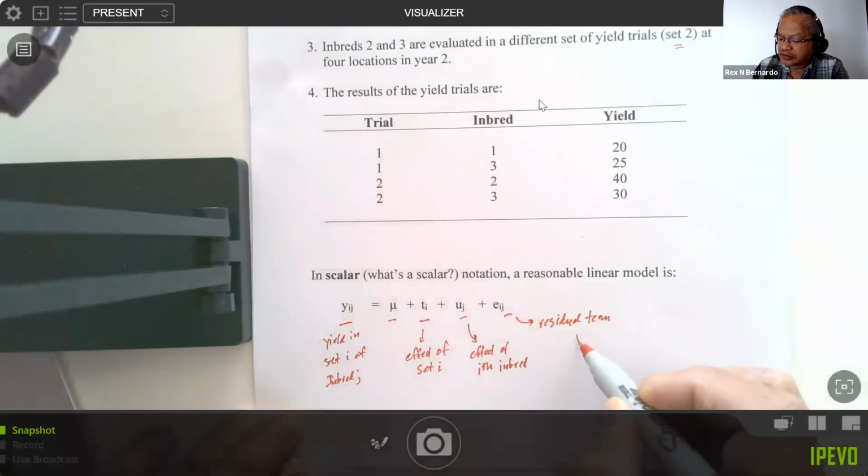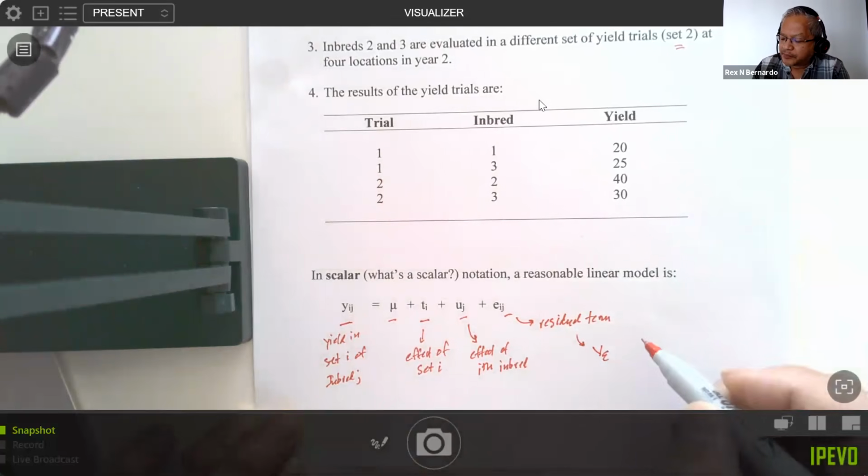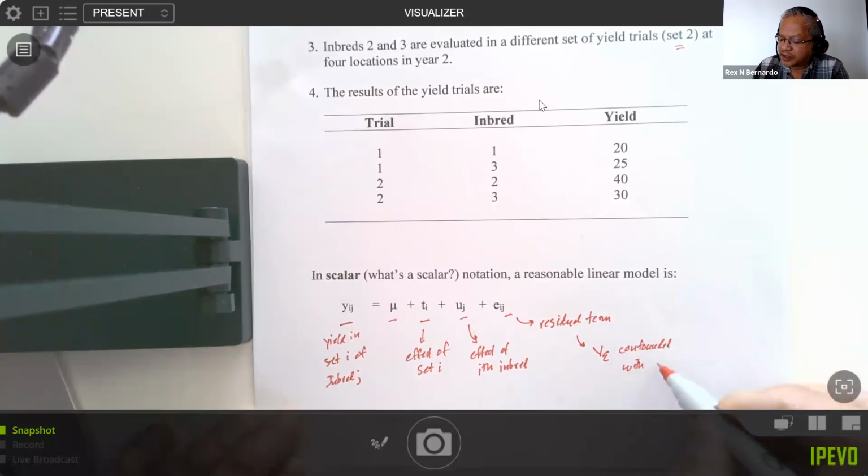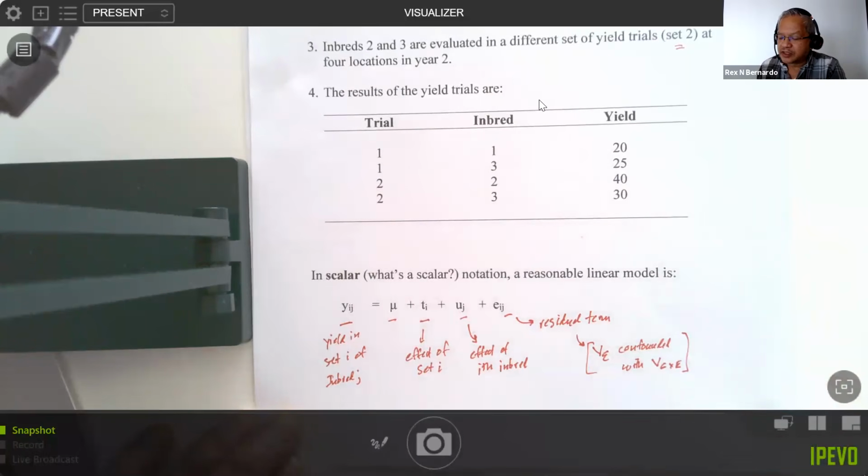However, this residual term includes a portion of your within-error variance, which is confounded with your genotype by environment interaction variance. So there is G by E interaction. It's just confounded here in the residual term because of the way we expressed the data.